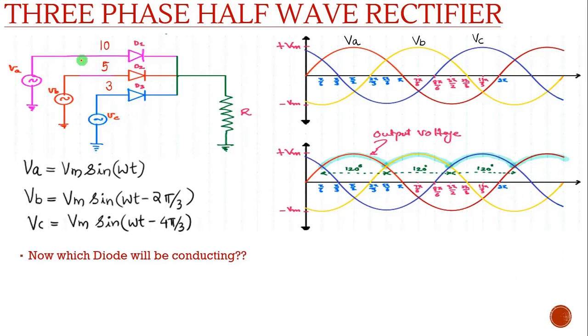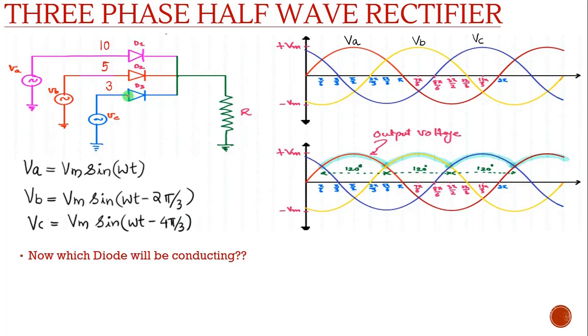In phase A 10 volt, phase B 5 volt, and phase C 3 volt. So I am assuming that diode D3 is conducting. Diode D3 is conducting means we have already assumed that the diode drop is 0.